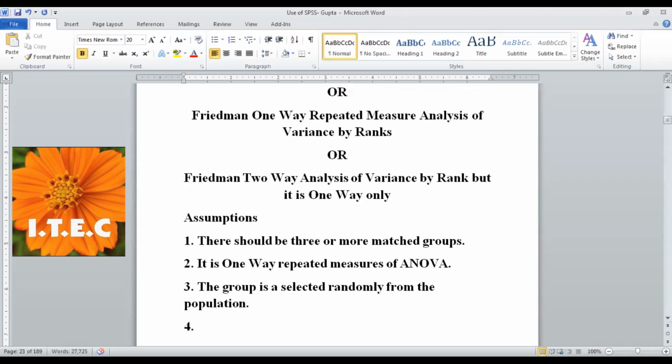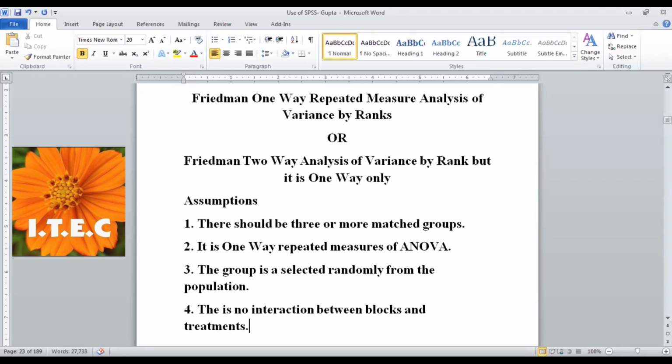Then another assumption is that there is no interaction between blocks and treatments. Blocks mean you have the student and then treatment, then student and treatment. So between these there is no interaction.